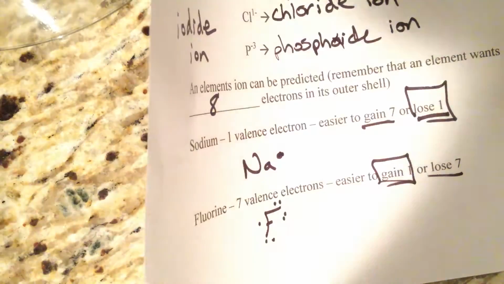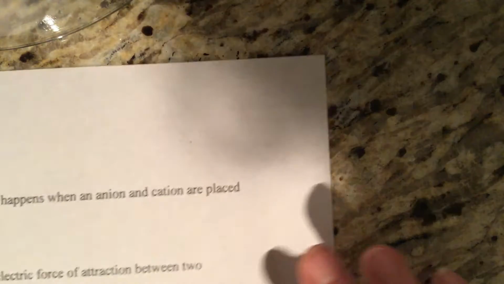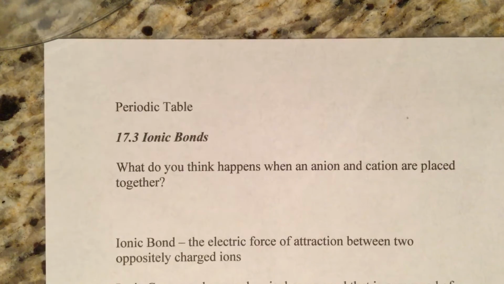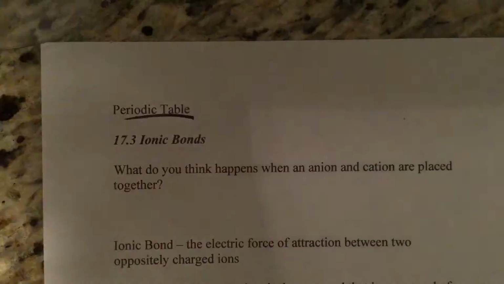So then what I want you to do, the next thing on your notes, okay, is that it actually says center periodic table. So this is why I wanted to have a new periodic table for you. We're going to go ahead and make some marks on it as to what the charges are, okay?